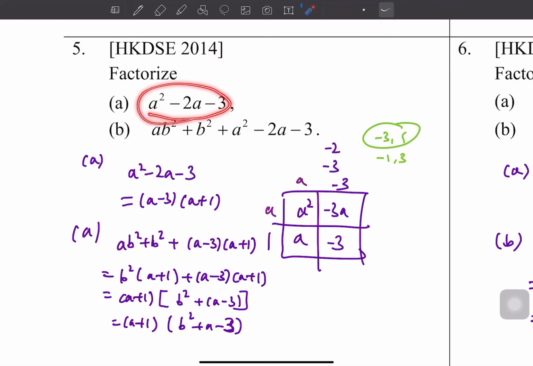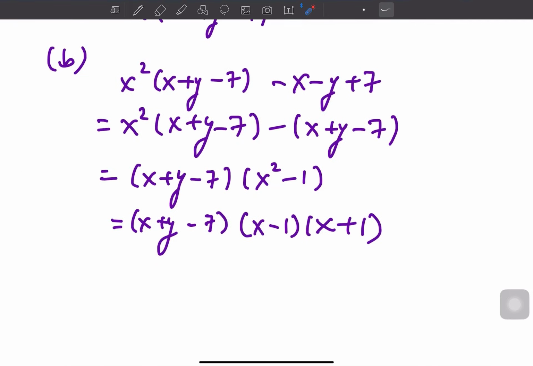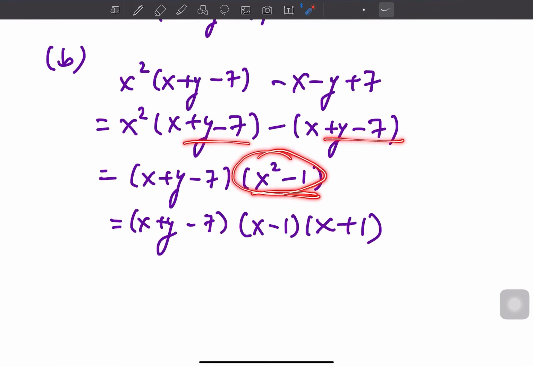In the second part, you need to use the result in part A, then use factorization by grouping, and then factorize completely. Remember, after taking out the common factor, think about whether we can find any common factor for the remaining part. So don't leave it.